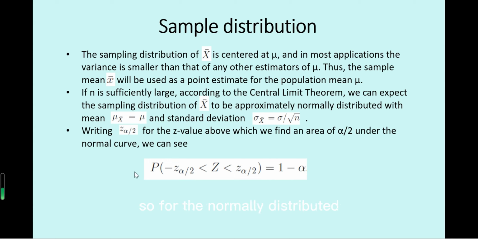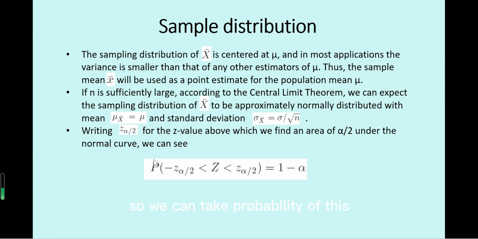For a normally distributed variable, we can take z of half alpha. If alpha is 0.05 for the significance level, then half alpha is 0.025, and this z value is about 1.96 for the standard normal distribution.